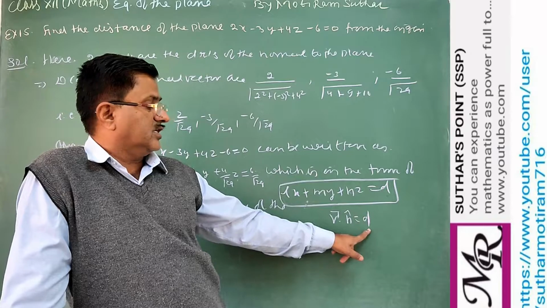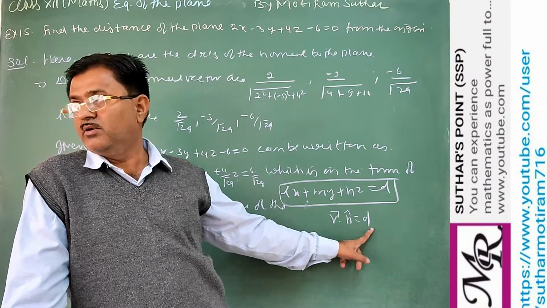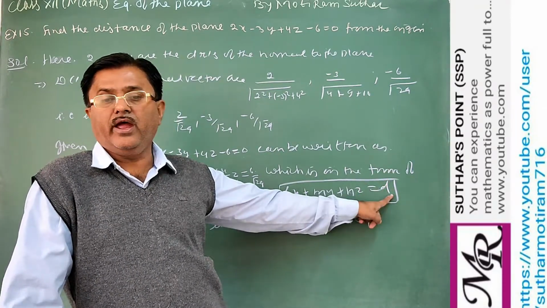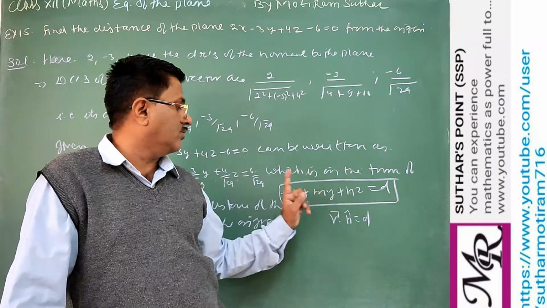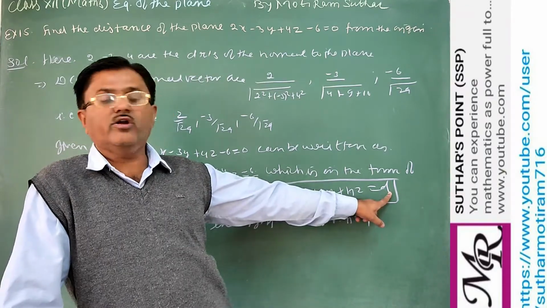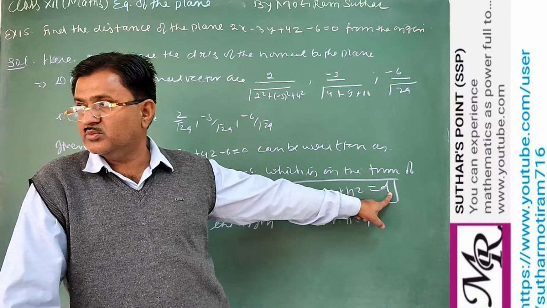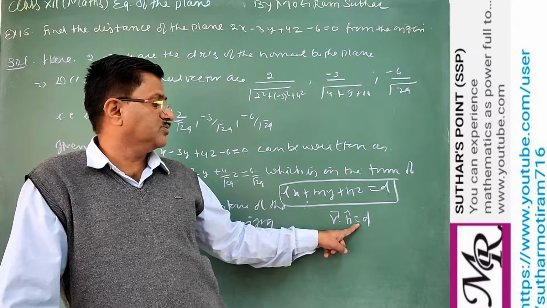To find the distance from the origin, if the vector form is given, you have to convert it into this form. If the plane is given in Cartesian form, then you have to write it in this form. Then d, the number on the right-hand side, will be our required distance from the origin.